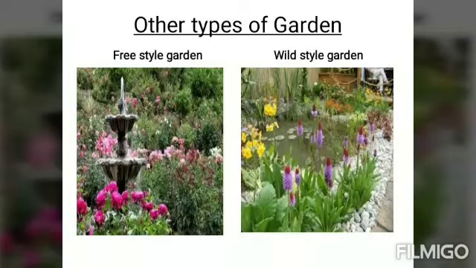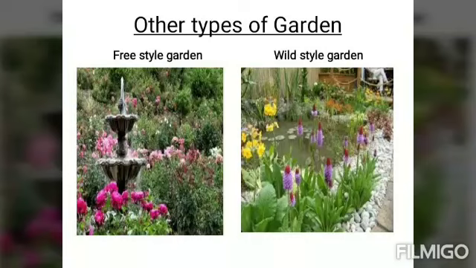And then the creepers, climbers, okay, they are allowed to grow near or over the trees, imitating those which are present in the forest, okay, they are trying to follow or imitate the forest nature.